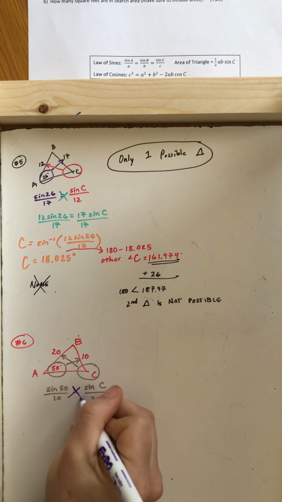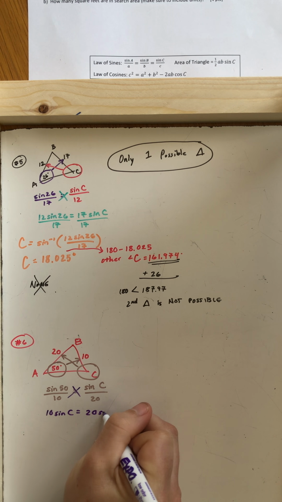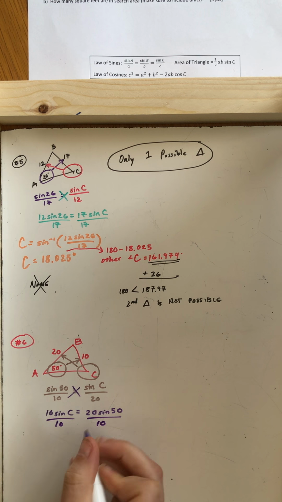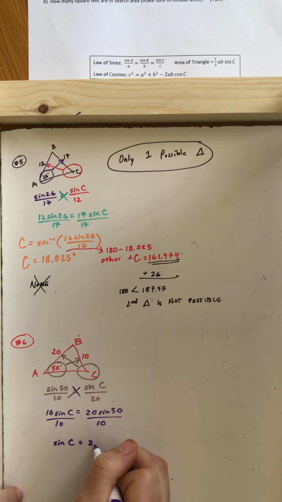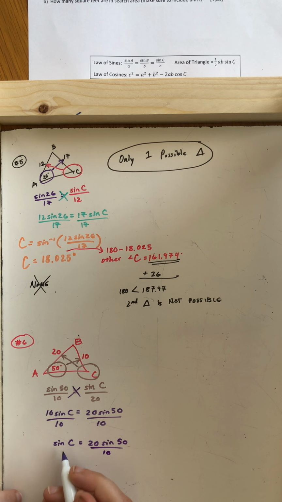You need to cross multiply. Divide by 10. Then to get rid of this sine, we need to do the inverse sine.